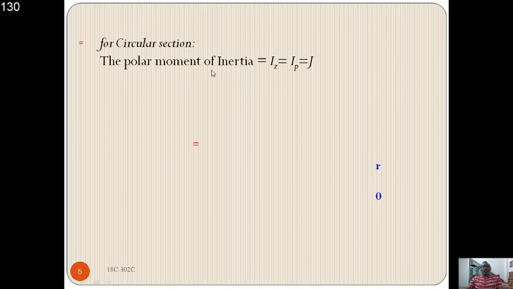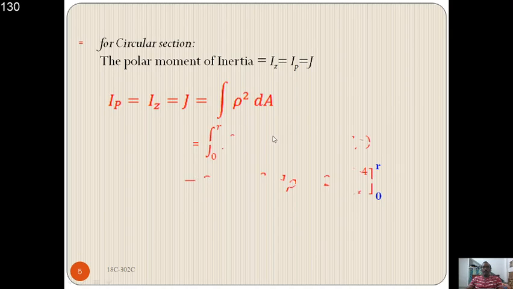For the circular section, the polar moment of inertia Iz is equal to Ip, that is polar, also known as J. So use the integration principle of the second moment of area, that is the integral of rho square dA.